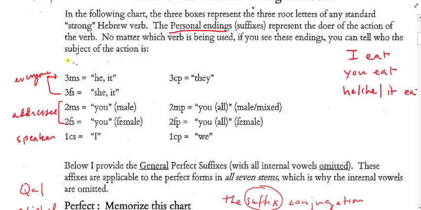So, if I had a sentence like, Moses loves hot dogs, they would have to be Hebrew National ones. But Moses loves hot dogs. What person is Moses? First, second, or third person? Moses is third person. That's right. And if I were to replace the name Moses with a pronoun, which pronoun would I use?